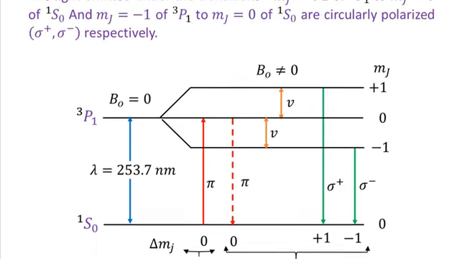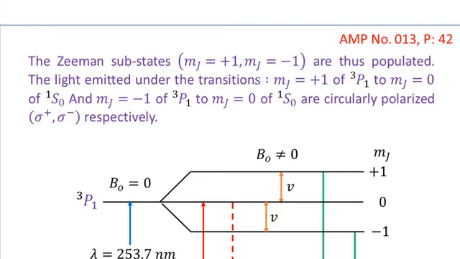So let me go through the first paragraph first. Although I have explained that one, let me go through the paragraph so that things become quite clear. The Zeeman sublevels, which are the Mj equal to +1 level and Mj equal to -1 level, are thus populated. These two levels become populated under the application of the magnetic field B1, which provides an energy quanta equal to h nu.